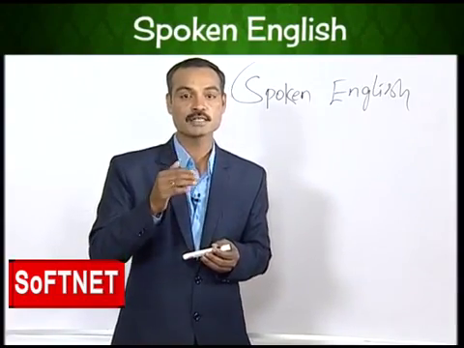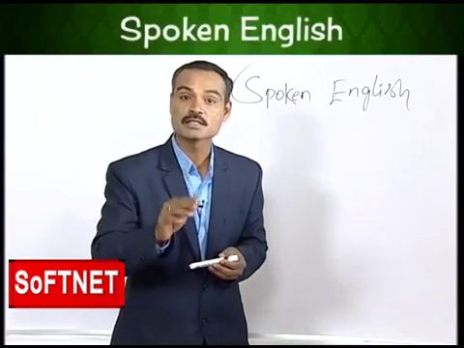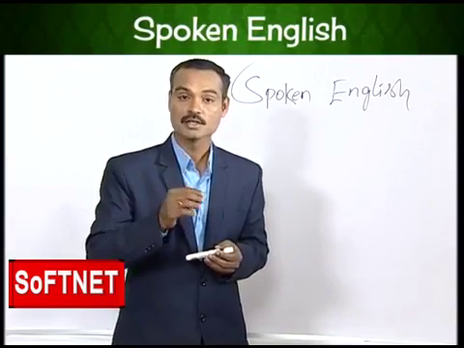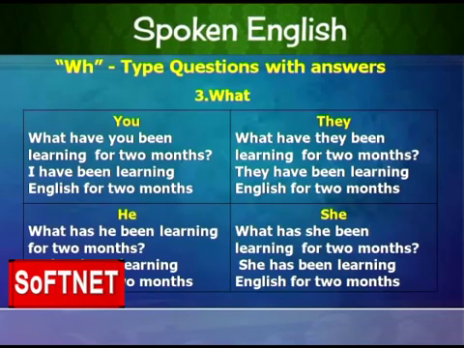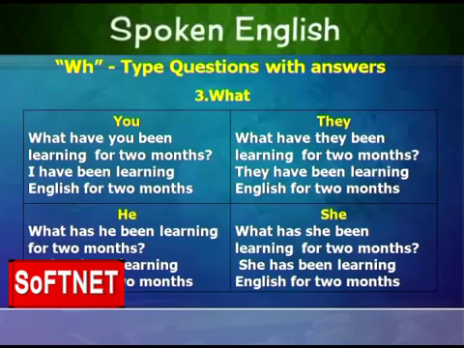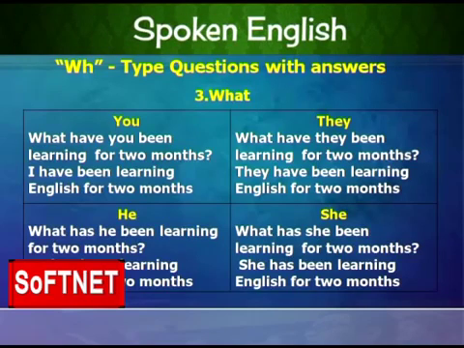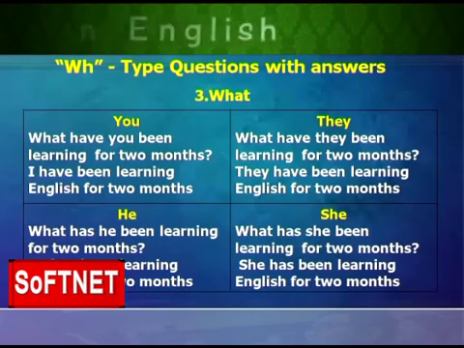For example, friends, what have you been learning since June or since July? If we want to mention the names of the months, we should use since. For example, in the month of March you started learning something. So now I am asking you, friends, what have you been learning since March? The answer is, I have been learning English since March.